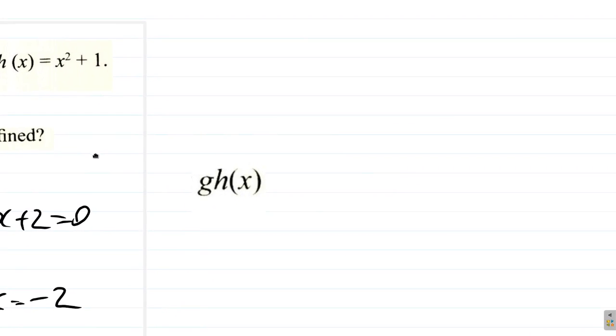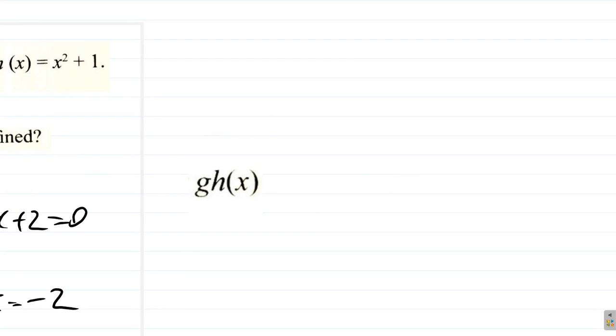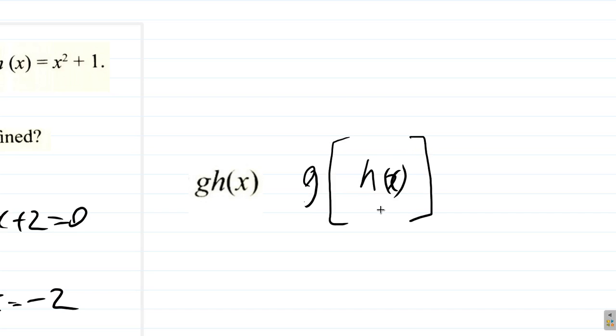Now, what this means is that we're going to find g of something. G of what? G of h of x. Okay? So you're going to find h of x first.